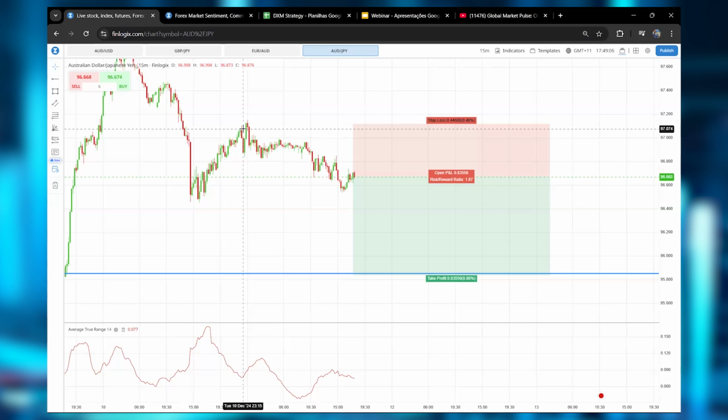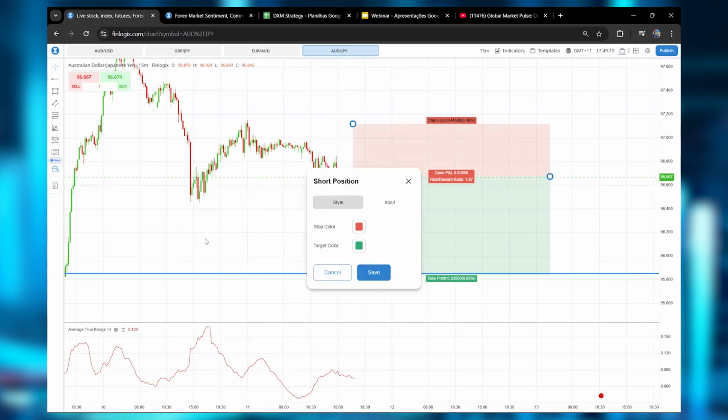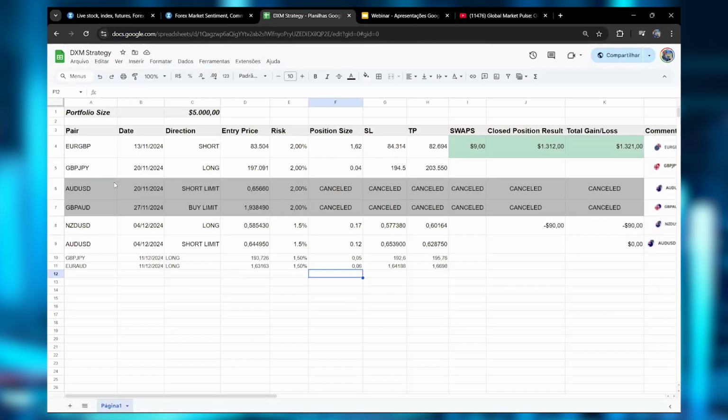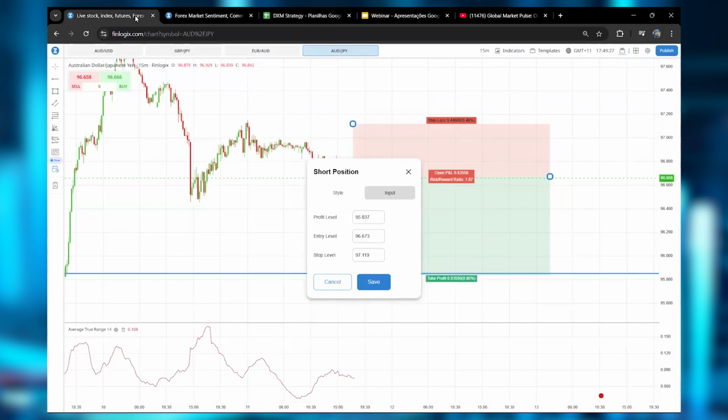This trade is already live, so it's running. So let's go, Aussie JPY. It's on the same day, and it's a short trade with an entry price of 96.673.